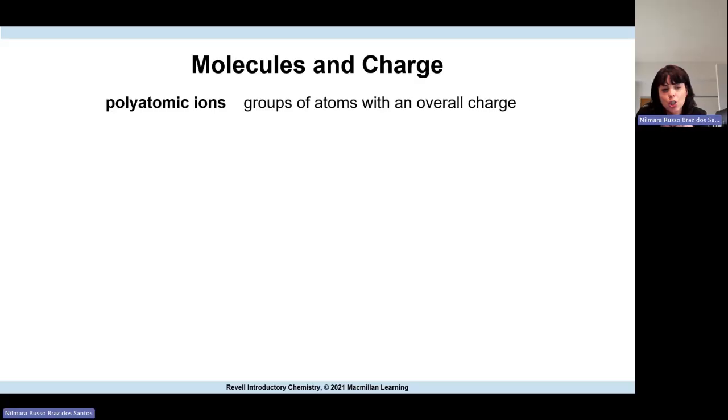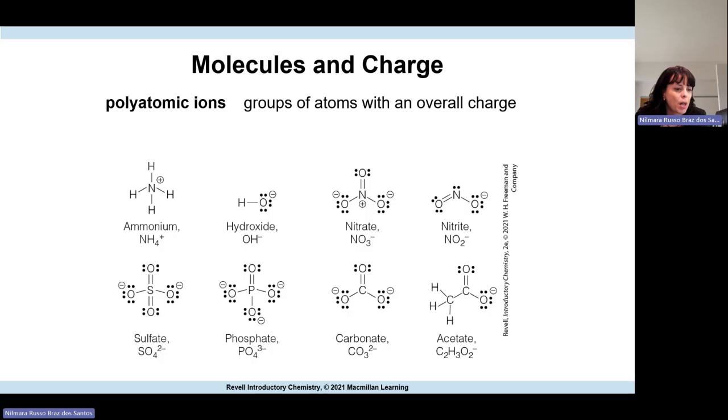Polyatomic ions. You need to take into account the negative or positive charge if you are constructing the structure, okay? Here we have some polyatomic ions that have positive or negative charge. The distribution of this charge across the ions affects many of their chemical properties.